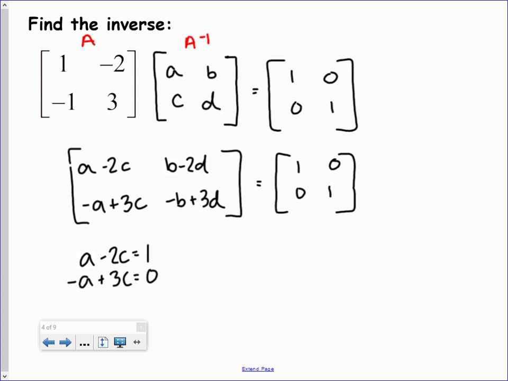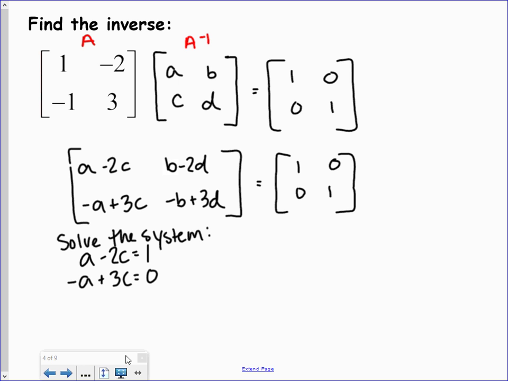Can you solve that system? Yeah. Okay, it's already set up for elimination quite nicely. I'm going to say solve the system. If I just stack and add right now, my A's will cancel. I'll get C equals 1.